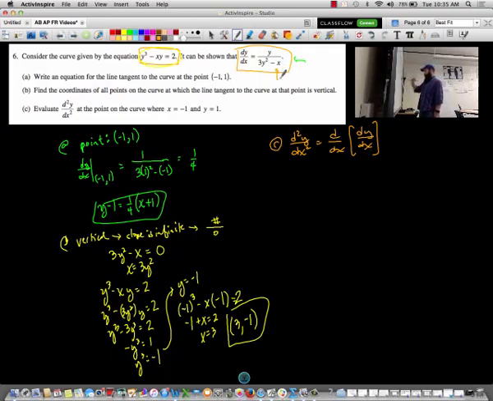So what I'm going to do here is I've got y over 3y squared minus x. So you know when we're doing implicit differentiation, the y is a function that's dependent on x. So I often will rewrite that with f of x's, so I don't forget.